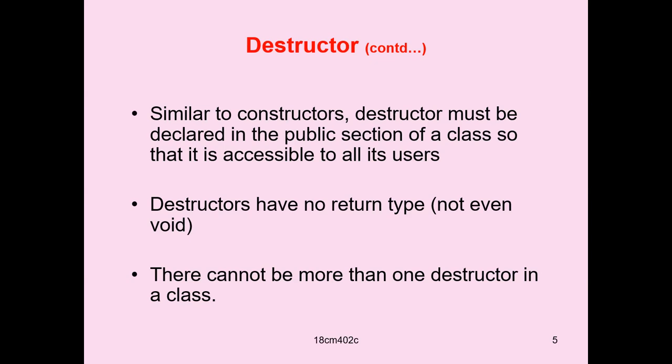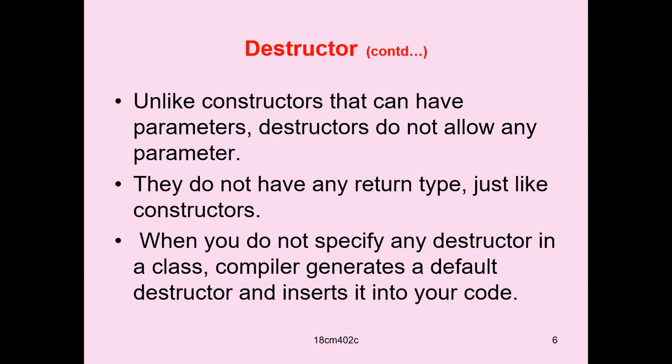So there is no need for different types of destructors like constructors. That's why there cannot be more than one destructor in a class. And unlike constructors that can have parameters, destructors do not allow any parameters.